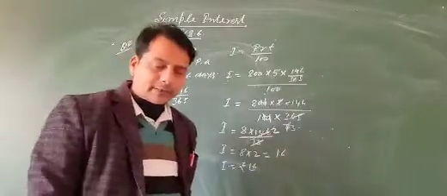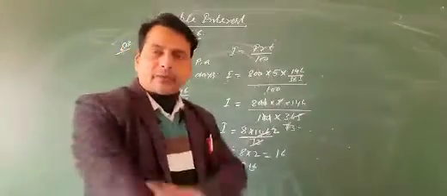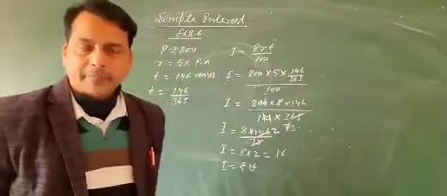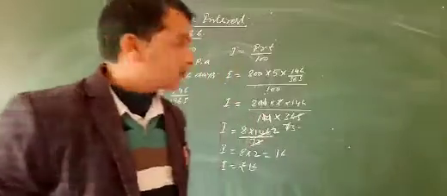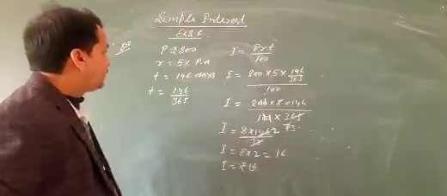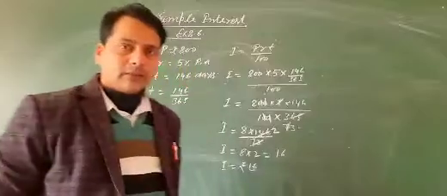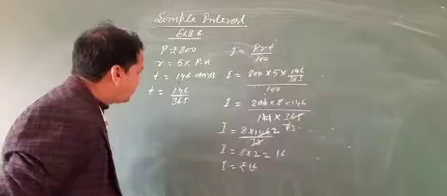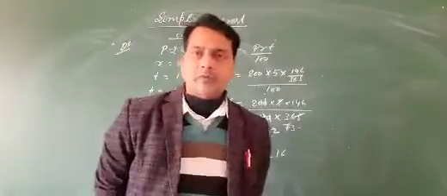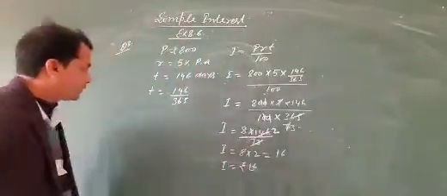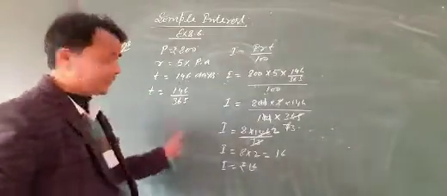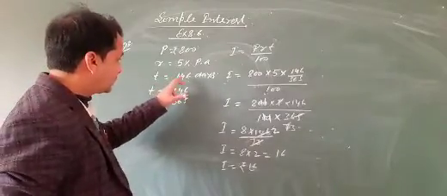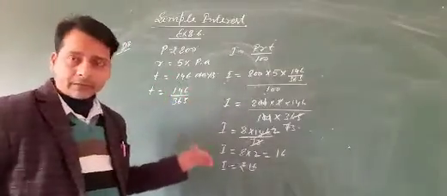So in this question find the interest on 800 for 146 days at rate of interest 5% per annum. So in this question principal is given here 800 and rate of interest is given 5% per annum and time is given here 146 days. So first of all we will change here 146 days in the term of year.